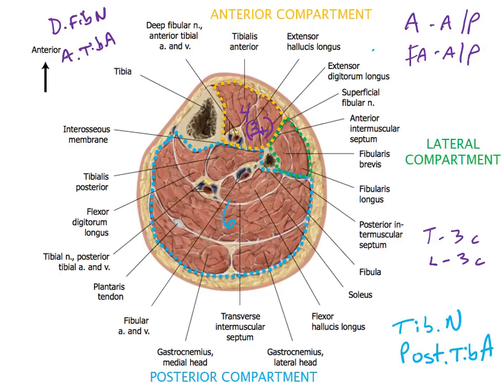Lastly, the lateral compartment has 2 muscles, and it's innervated by the superficial fibular nerve, and its primary blood supply is by perforating branches of the fibular artery.